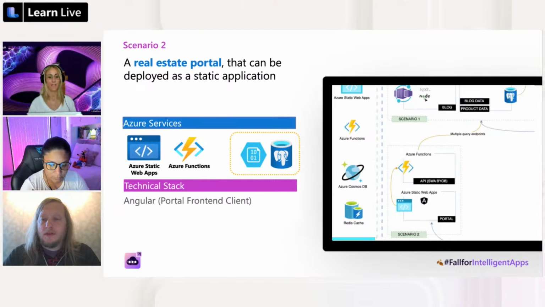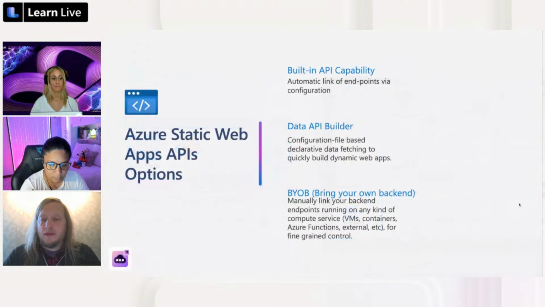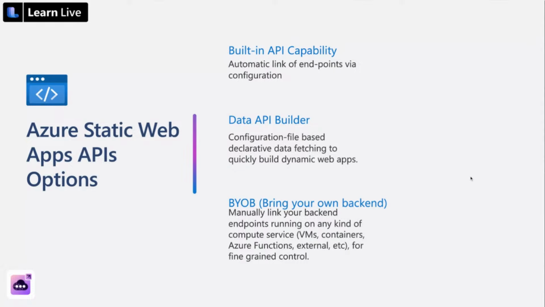When we are in Static Web Apps, like we are with the portal, we have several options to create APIs. We either use their built-in capability, so they have a capability to create APIs, and the endpoints are automatically fetched.